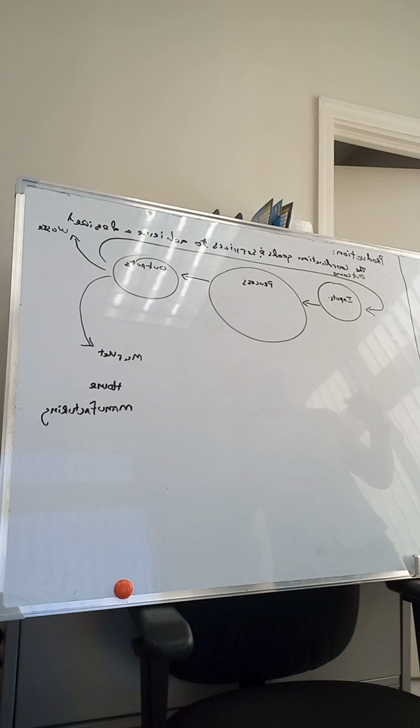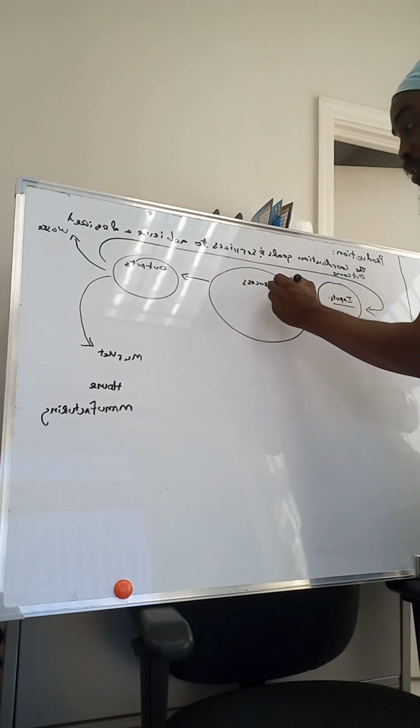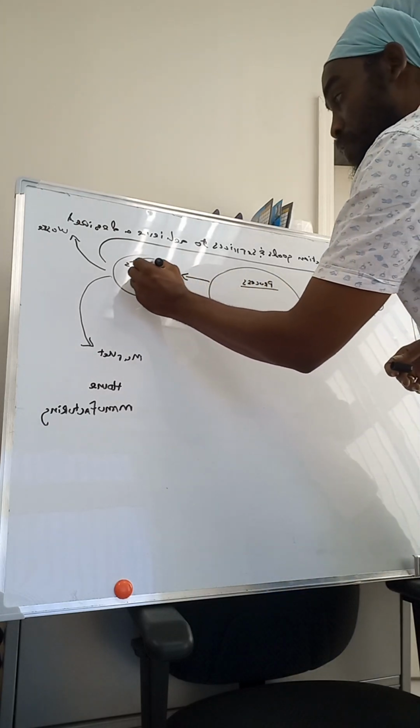So the production process can be looked at in this way: the coordination of inputs through a process to give you outputs.